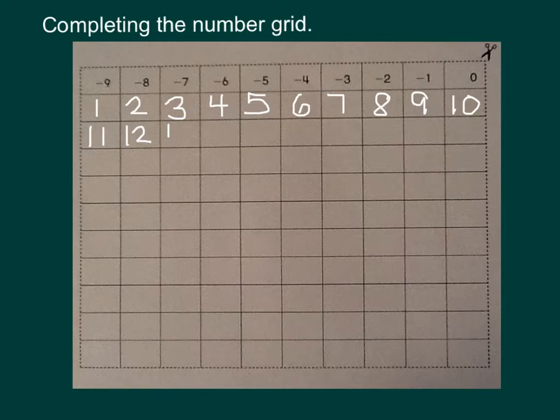And if we add one more, we're going to have the number 13. So we're just counting up. We went 10, 11, 12, 13. Let's complete this next row on our own.